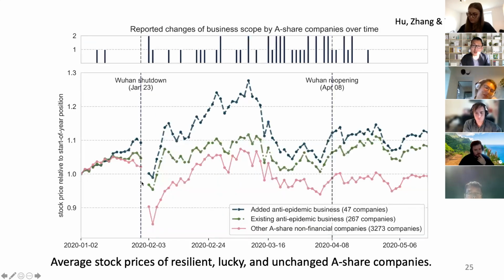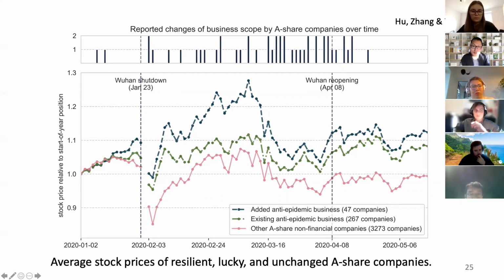So here is the stock market price, which is a measure of performance that is used in most of the literature, a very common measure. As we can see here, we have three types of businesses.